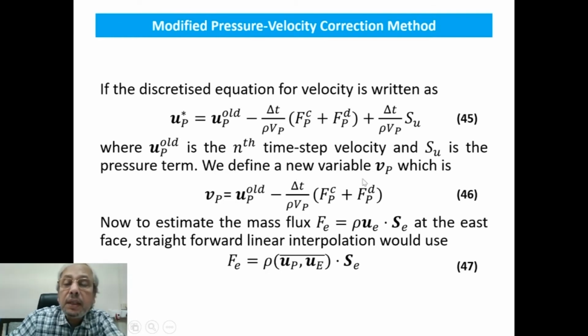We define a new variable Vp, again a vector quantity at point P of the cell P, which also has three components, but this excludes the pressure contribution.